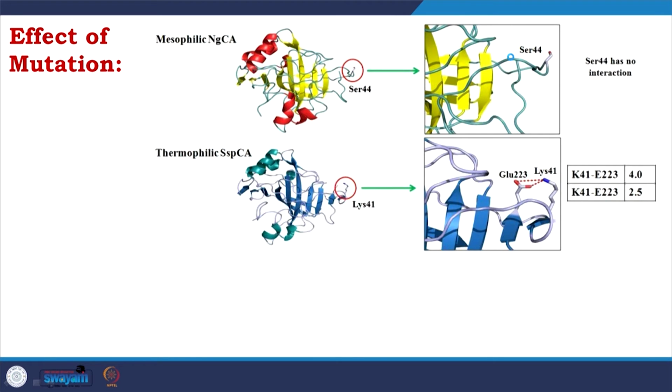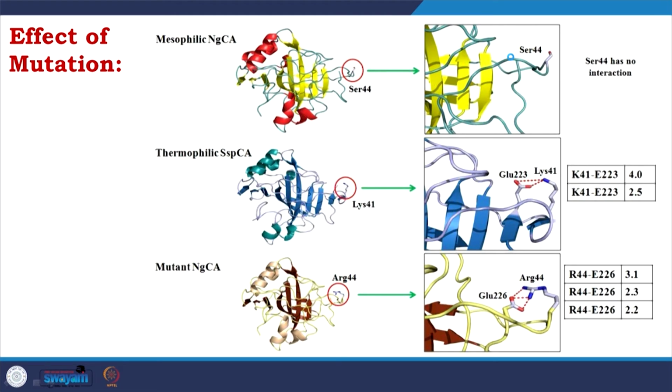So, before going into the simulation story, I just want to show you the effect of mutation on the position serine 44. The serine 44 individually has no interaction in the mesophilic protein. In the thermophilic protein, the equivalent position is lysine 41, which shows interaction with glutamate 223.